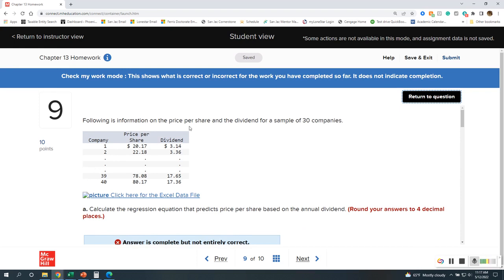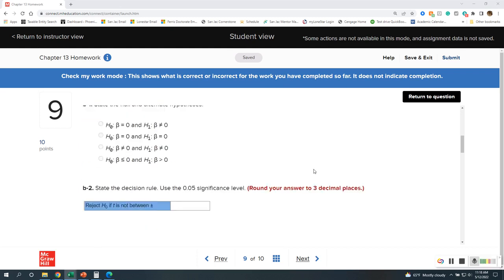It even says the following is information on price per share and dividends of a sample of 30 companies, or it gives us 40. There is something a little fishy because it does take 30 when it downloads the Excel. So, it's a little off. This question's fun.